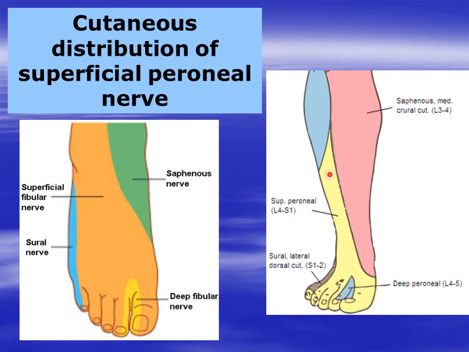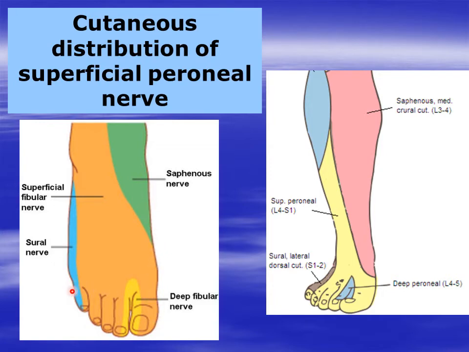In the leg, it supplies the skin of the lower anterolateral part of the leg, as you see in this photograph. And in the dorsum of the foot, it supplies all the dorsum of the foot, except the lateral border, which is supplied by the sural nerve, and the medial border, supplied by the saphenous nerve.